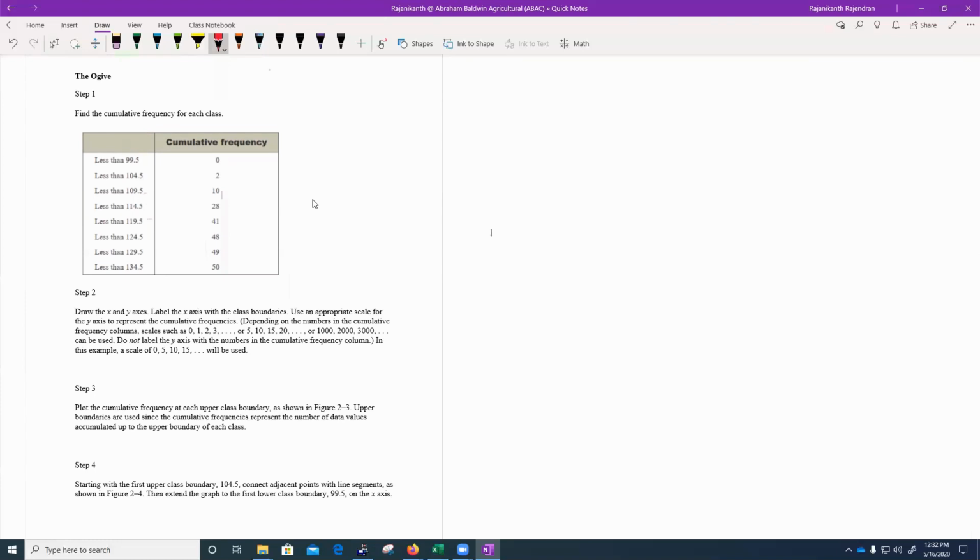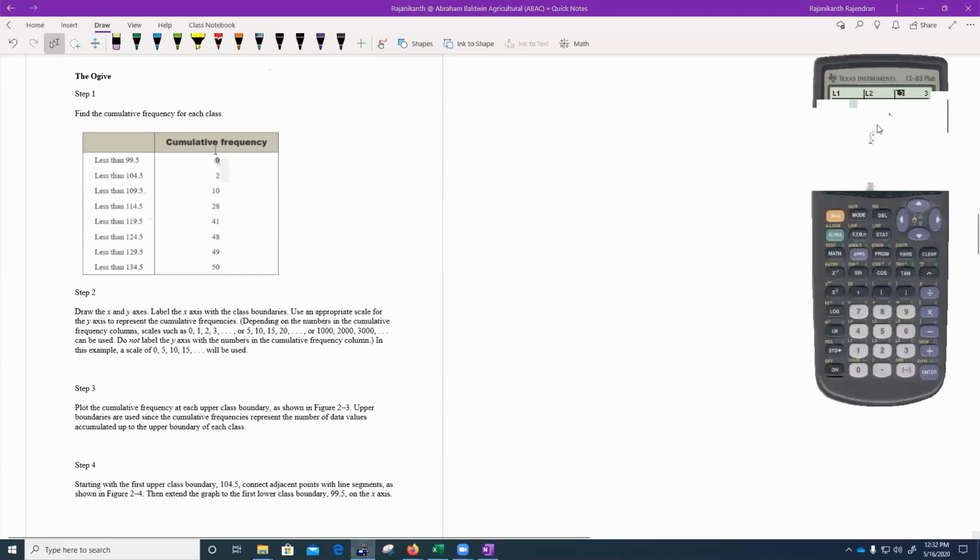Now we see how to make an ogive by using the calculator. Remember, to draw an ogive, you should know the cumulative frequency, right? So you need to make one more additional column in your calculator, the third column for the cumulative frequency. So I'm taking my calculator and I'm going to make the L3 column, the third column for cumulative frequency.